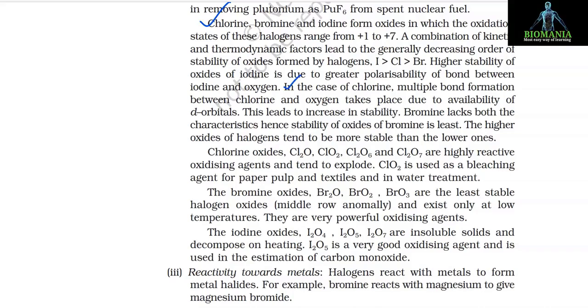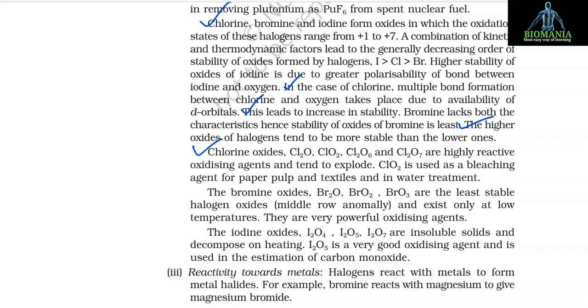In the case of chlorine, multiple bond formation between chlorine and oxygen takes place due to availability of d orbitals. This leads to increase in stability. Bromine lacks both the characteristics, hence stability of oxides of bromine is least. The higher oxides of halogens tend to be more stable than the lower ones.